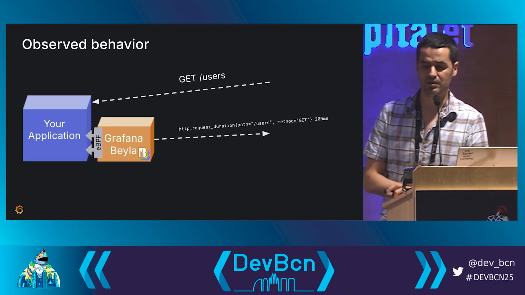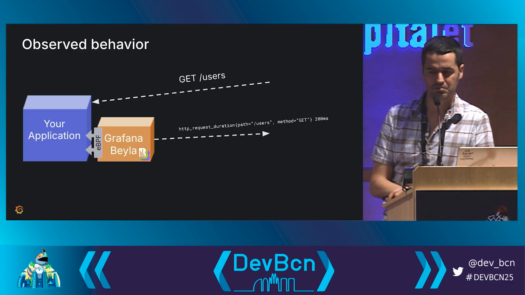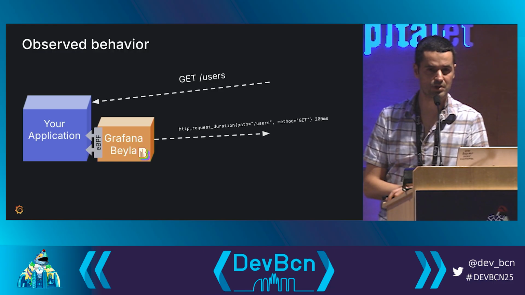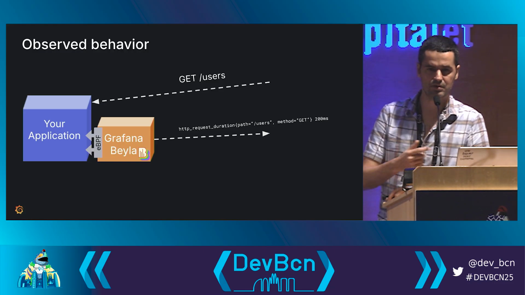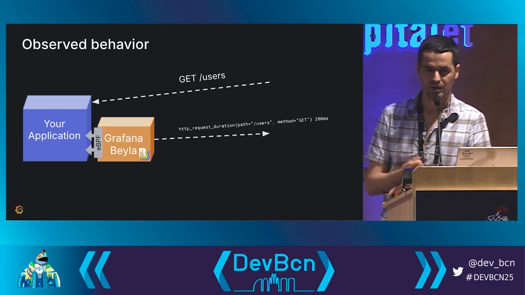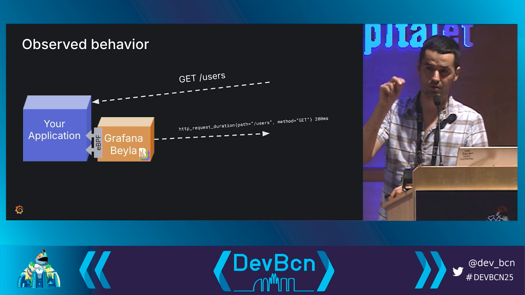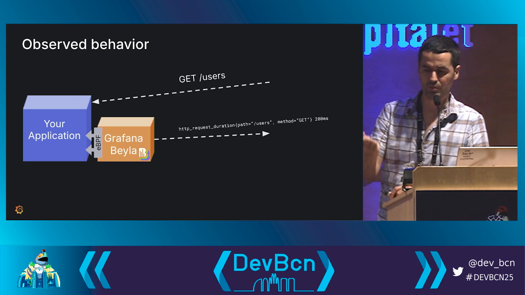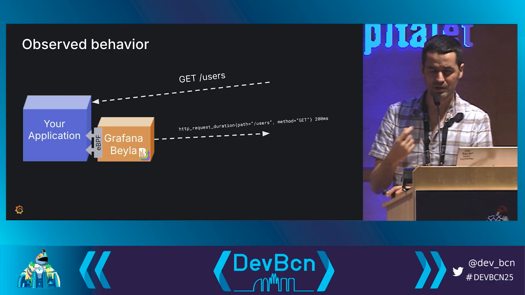So the observed behavior will be that, imagine your application is a web server and it receives an HTTP request, a GET request on the users path. From eBPF, you can hook your application, or you can hook different applications, at different layers in order to produce a metric or a trace with the information of that request.